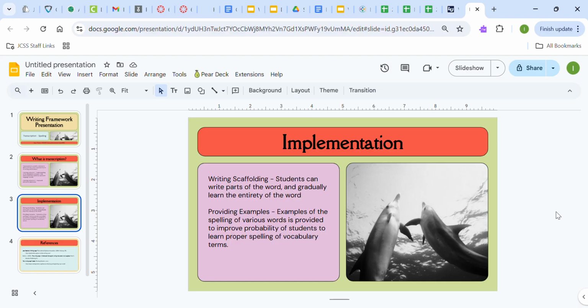The way that writing scaffolding will be used when it comes to the implementation of transcription, specifically spelling, and with the writing rope, will be that students can write parts of the word and gradually learn the entirety of the word. A good example of that would be the word entirety.